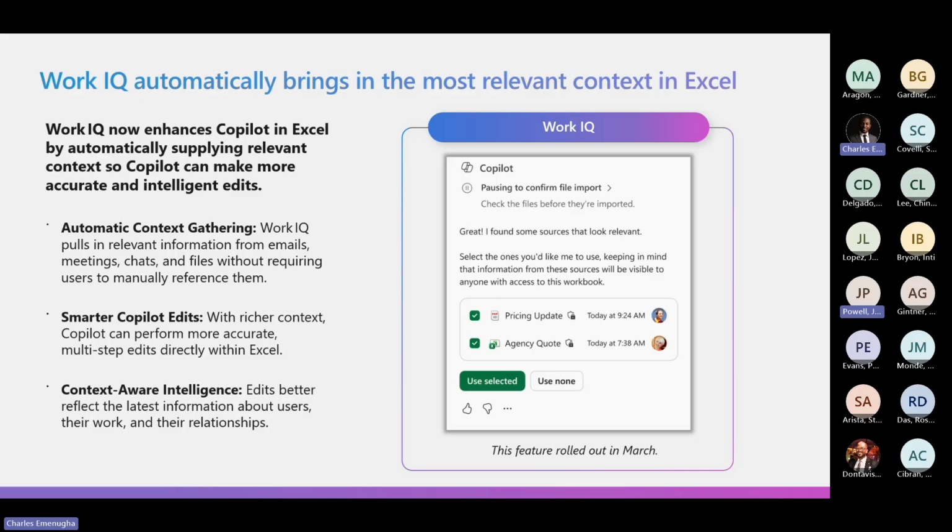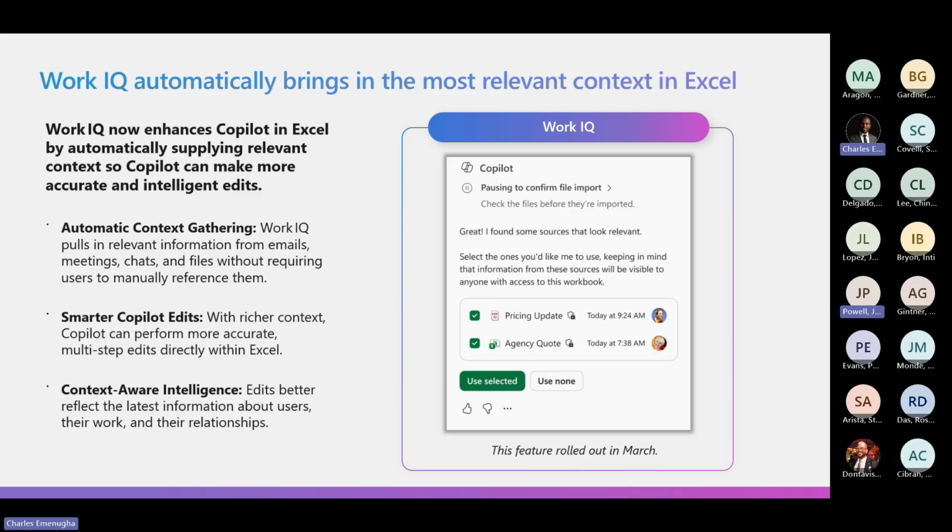Now, when users edit with Copilot, Work IQ brings in context from emails, meetings, chats, as well as files without the user needing to manually reference any of it. Now, with the richer context, Copilot can simply perform more accurate and more complex multi-step edits that better reflect what's actually happening across a user's work.